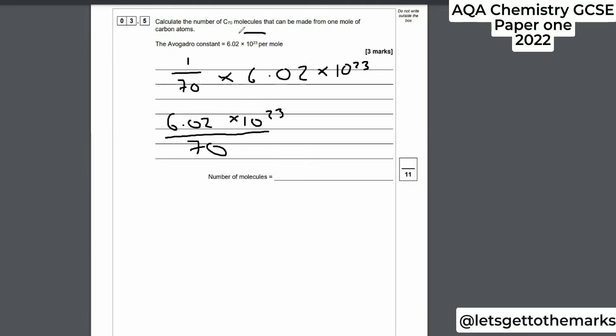We know that's the amount of carbon atoms in 1 mole, and if it takes 70 to be used in a molecule of fullerene, then this is how many fullerenes you could make from 1 mole of carbon atoms. Both these answers are the same, and the answer is 8.6 times 10 to the 21. I'm not really sure why it's 3 marks, so there we go.